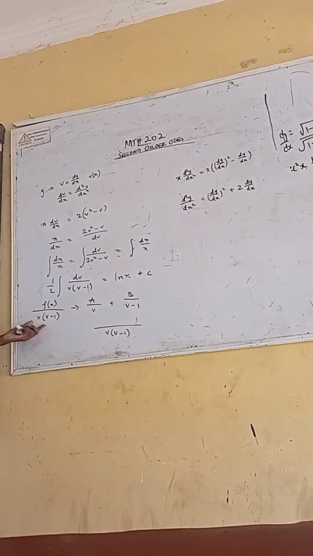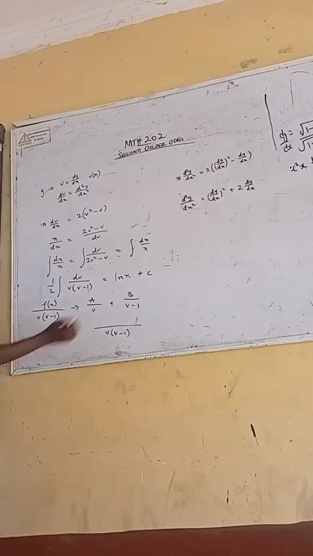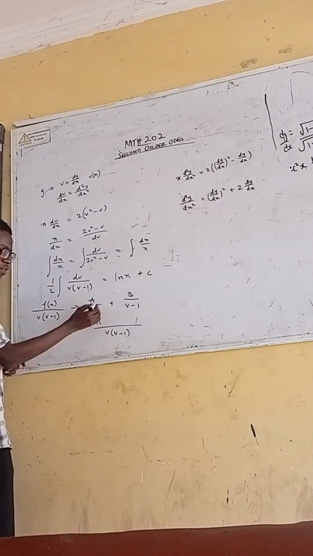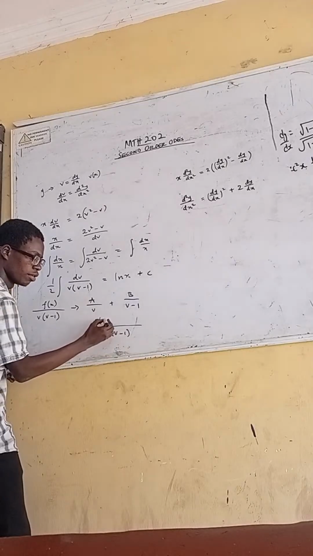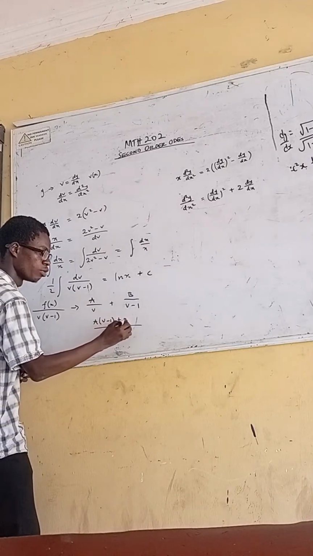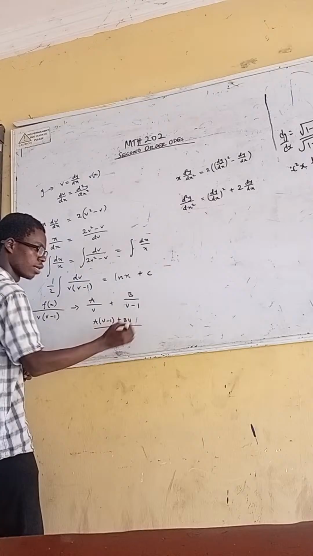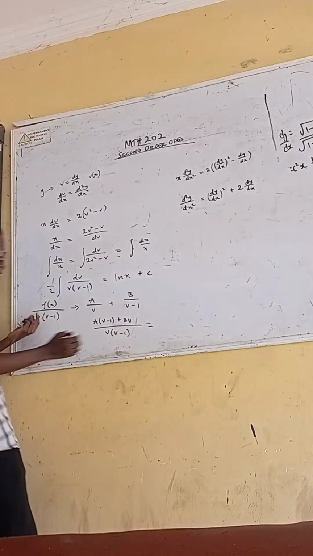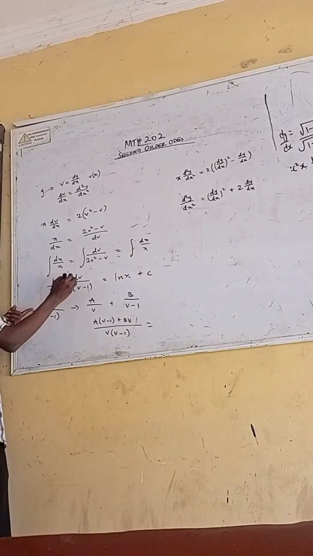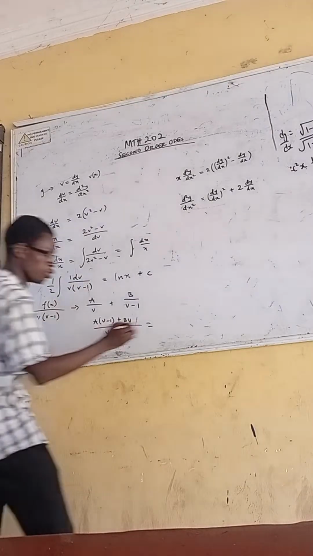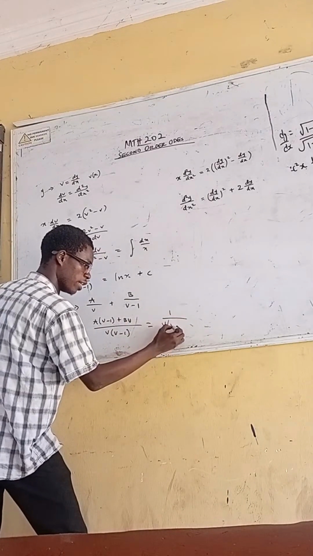What is on top must conform to what is on top here. So this is A into bracket V minus 1, plus B into bracket V, it must be equal to our f of x here, which is 1, over V into bracket V minus 1.